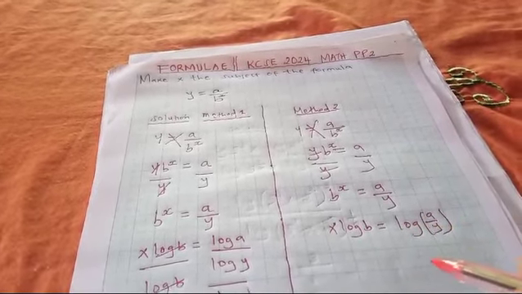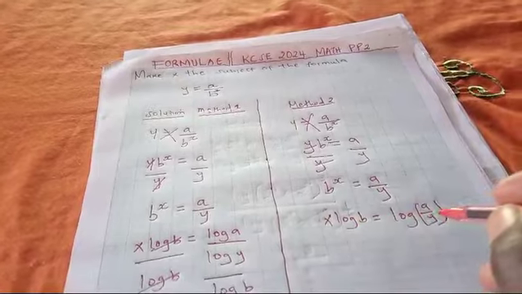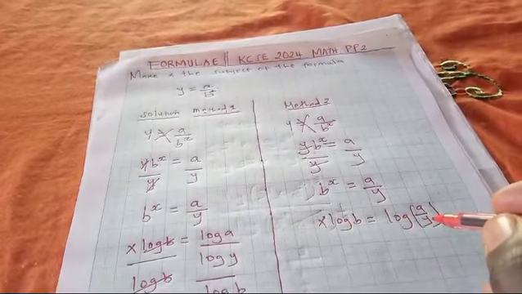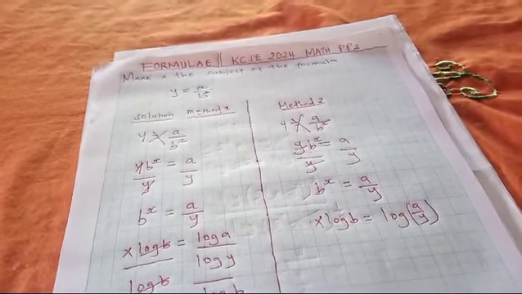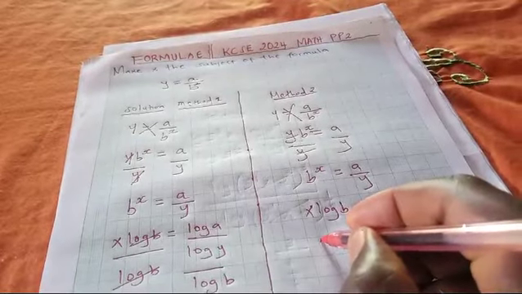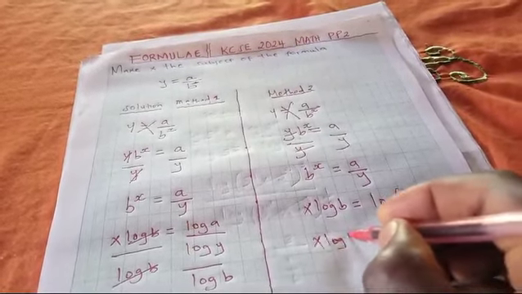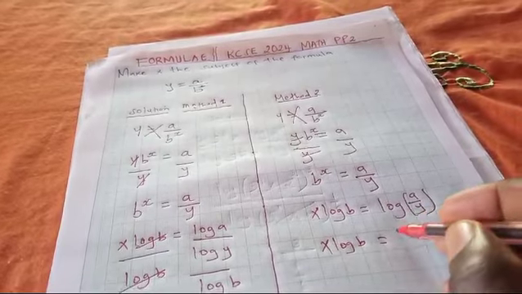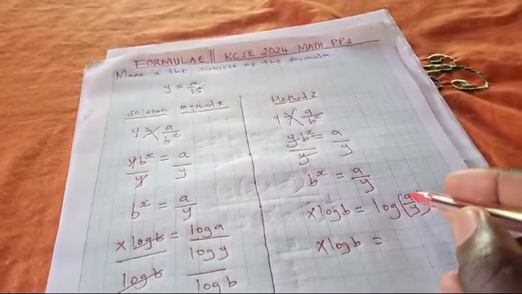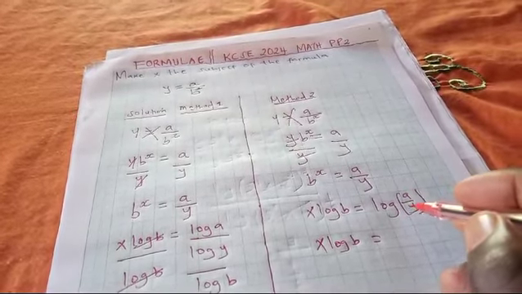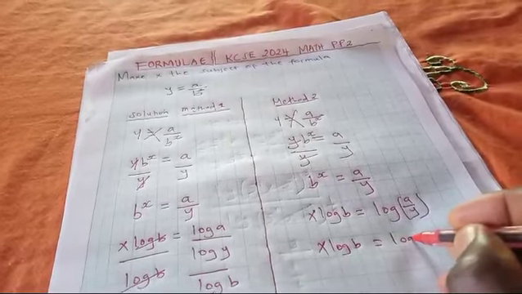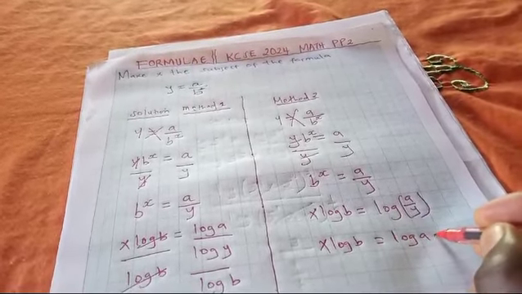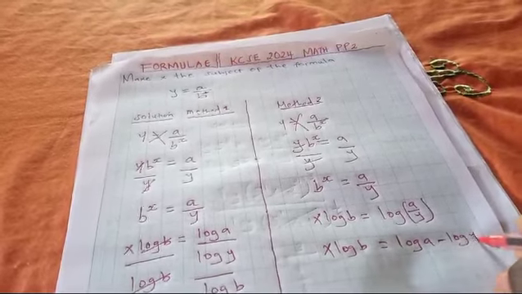But before doing that, we need to remember something here, which says x, the log of b, is equal to the log of a over y, which is the same as saying it is the log of a minus the log of y.